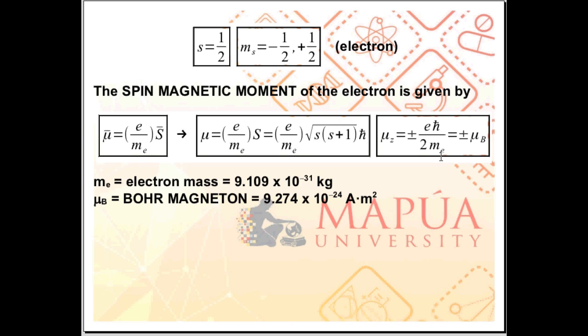So this expression may be replaced by just one constant, mu B. So mu z is equal to plus or minus mu B. Mu B is referred to as the Bohr magneton. It's equal to 9.274 times 10 to the negative 24 ampere meter squared.